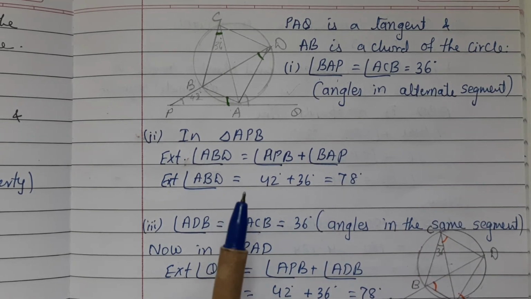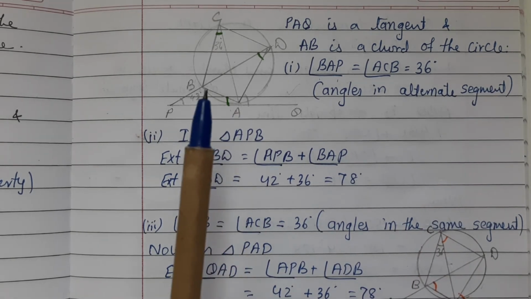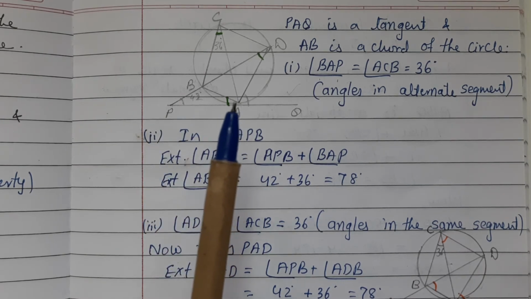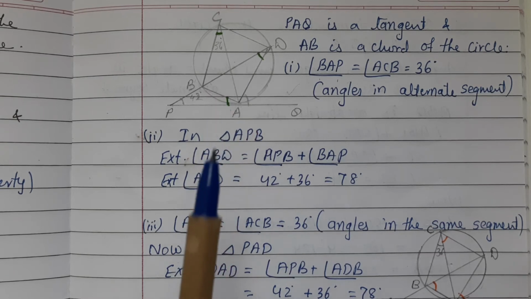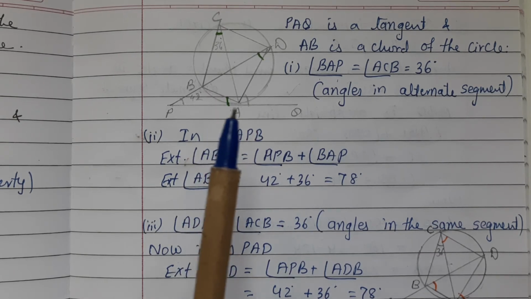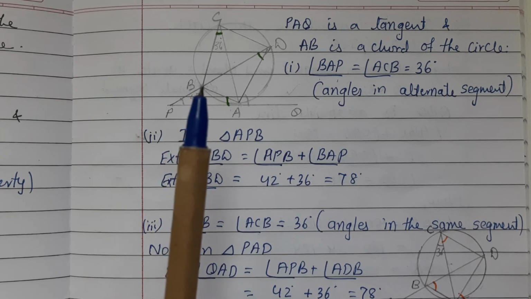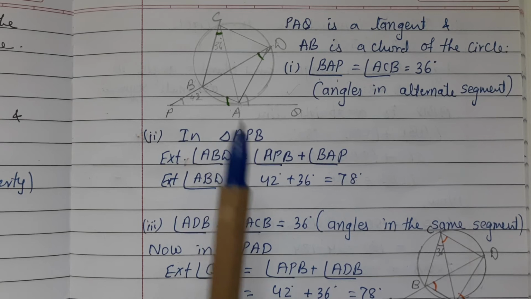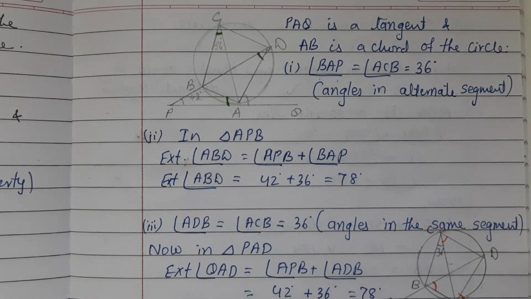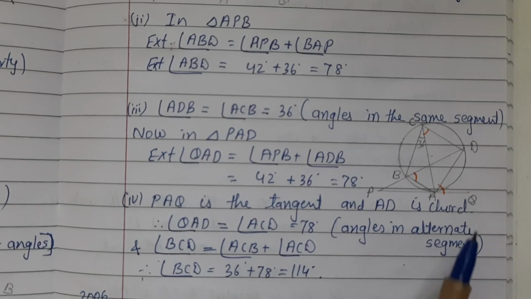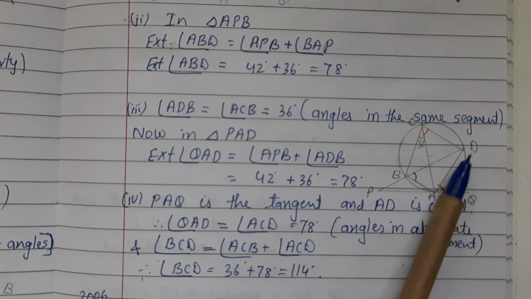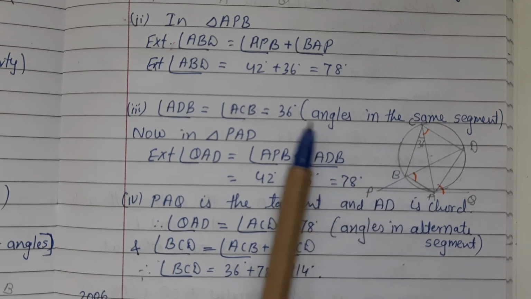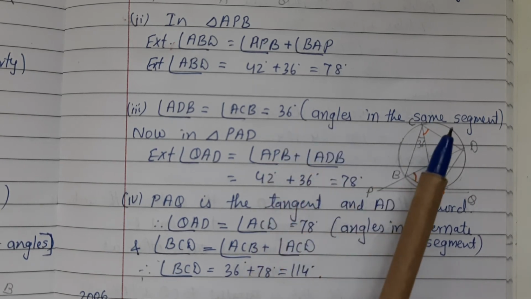Second part, in triangle ABP, exterior angle ABD is equal to angle APB plus angle BAP, which is 42 plus 36 equal to 78 degree. Third part, angle ADB is equal to angle ACB equal to 36 degree, angle in the same segment.